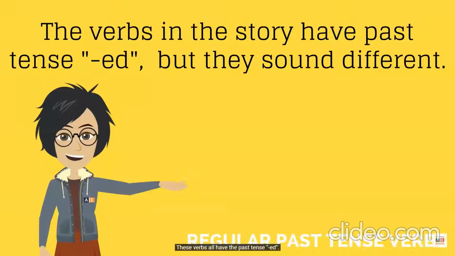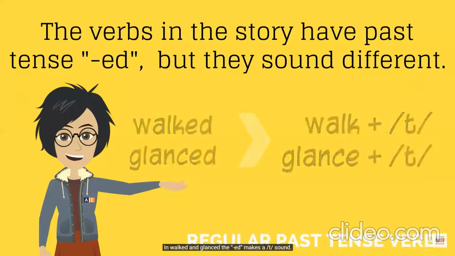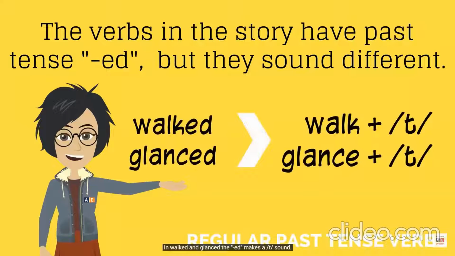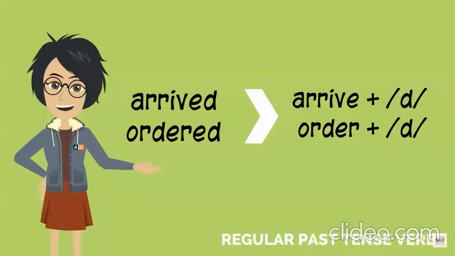These verbs all have the past tense ed, but they are pronounced in 3 different ways. In walked and glanced, the ed makes a t sound. Walked, glanced. The ed in arrived and ordered ends with a d sound.